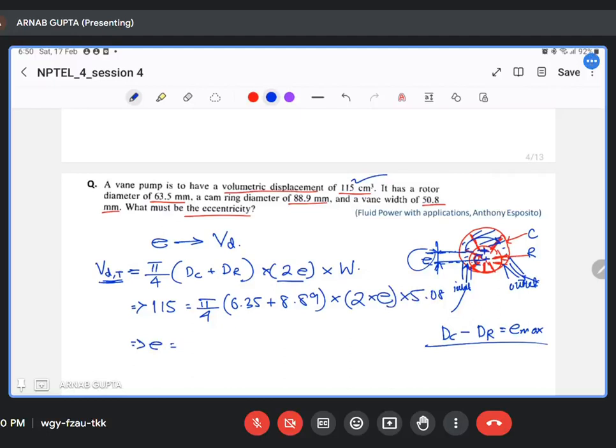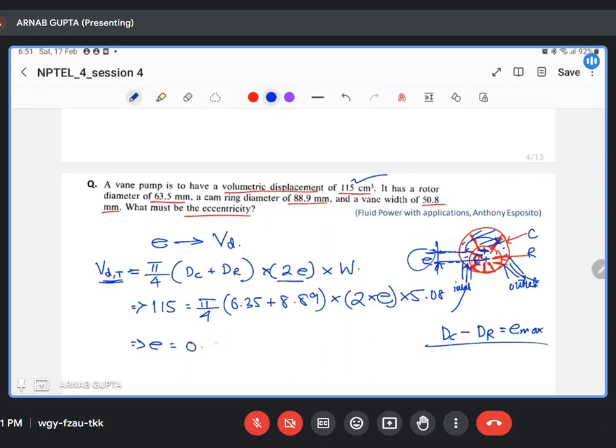115 divided by pi, into (6.35 plus 8.89), and divided by 5.08 divided by 2.